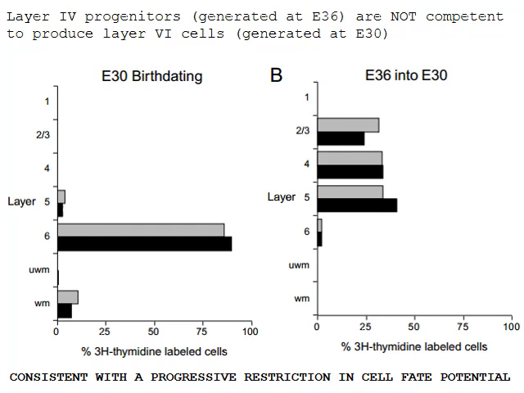However, if we bring these progenitors back in time and transplant them at E30, that is the moment in which layer 6 neurons are generated, these progenitors of the layer 4 give rise again mainly to upper layer cells, indicating that these ventricular zone progenitors at E36 are restricted in their cell fate potential and are not able anymore to give rise to layer 6 neurons.